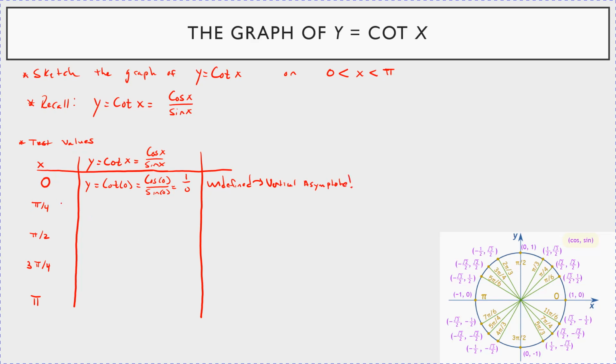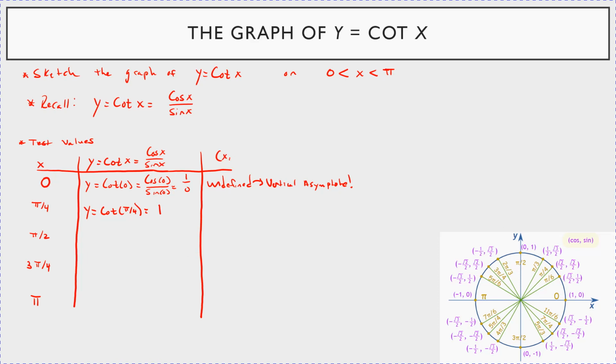Now let's try pi over 4. What is cosine of pi over 4? Square root of 2 over 2. What is sine? Square root of 2 over 2. So square root of 2 over 2 divided by square root of 2 over 2 is just 1.